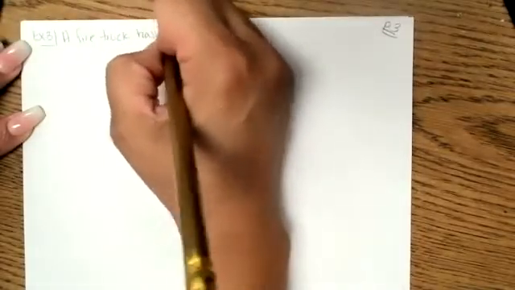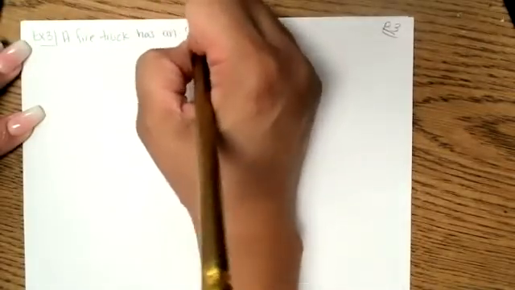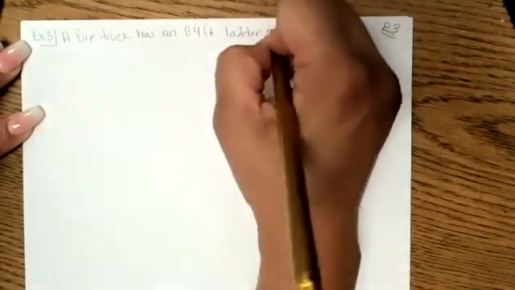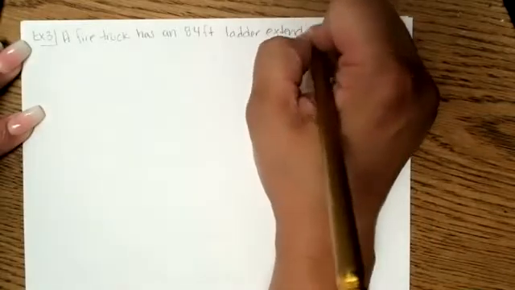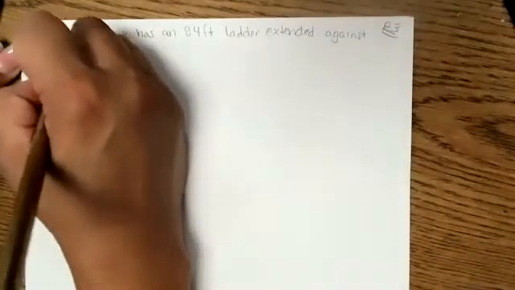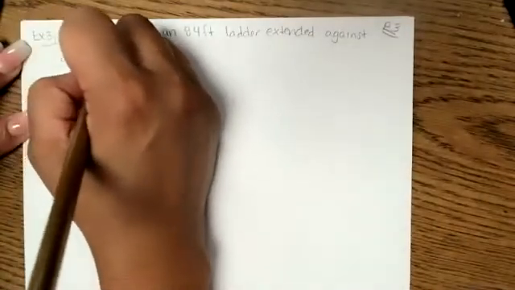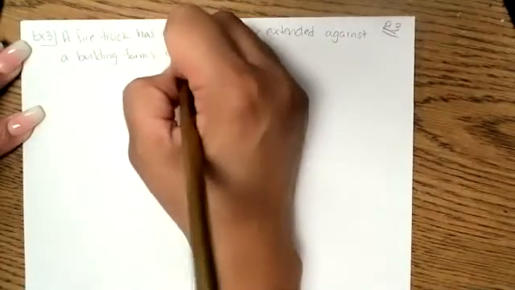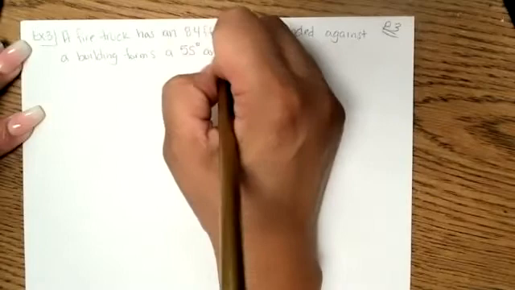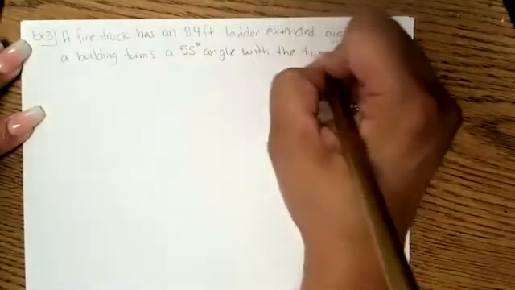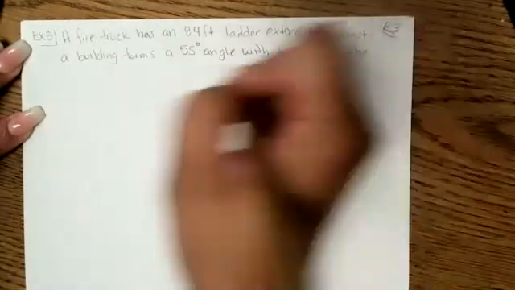A fire truck has an 84-foot ladder extended against a building, and it forms a 55-degree angle with the top of the truck.